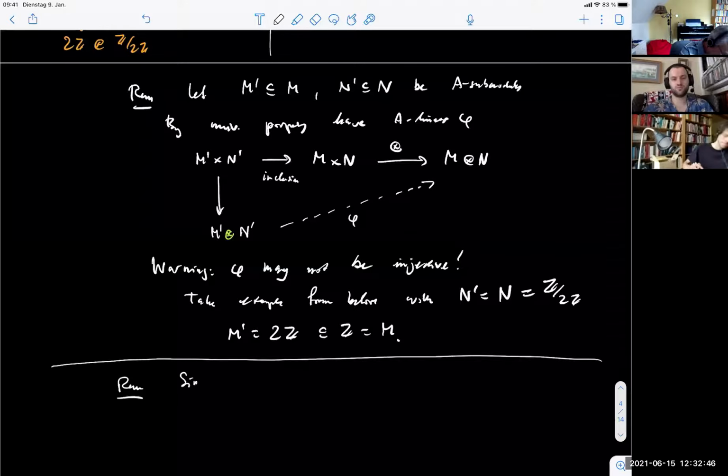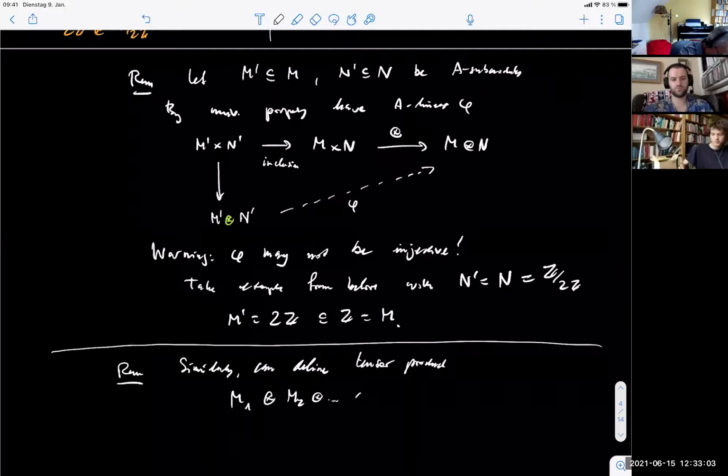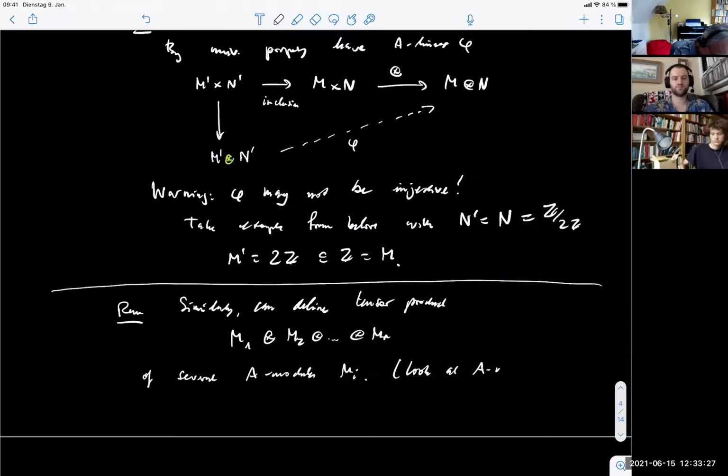Similarly, can define the tensor product of finitely many, let's say r many, A-modules M_i. It's the same thing. Instead of two, you have many. Instead of bilinear maps, you look at A-multilinear maps.